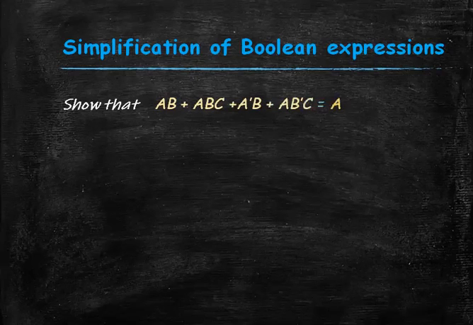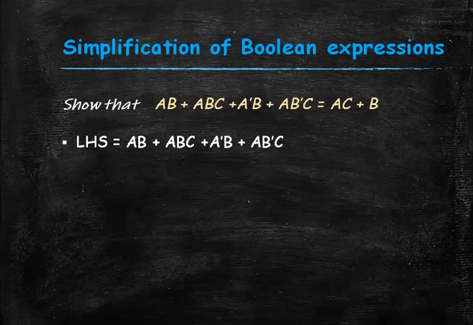Now the last question of today's session, show that AB + ABC + A bar B + AB bar C is equal to AC + B. Here we combine the second and fourth term, taking AC common from the two terms.